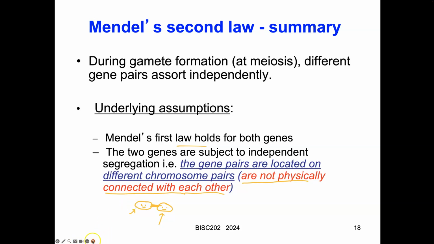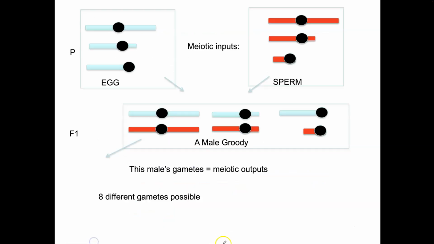We're going to go there in a couple of lectures, but I want to start you thinking about it in advance. And I also want you to think about recombination in very simple terms. Recombination is the output, the gametes of an individual.